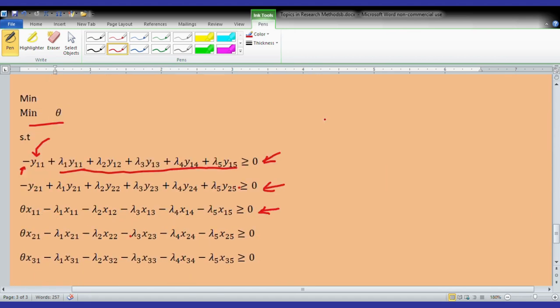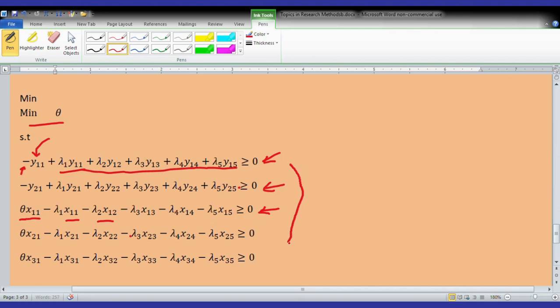So this is your third constraint, theta multiplied by x11, and then we have minus lambda 1 multiplied by x11, and so on, greater than or equal to 0.